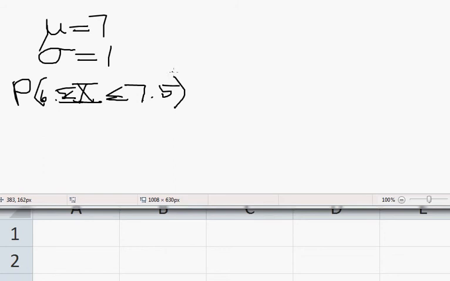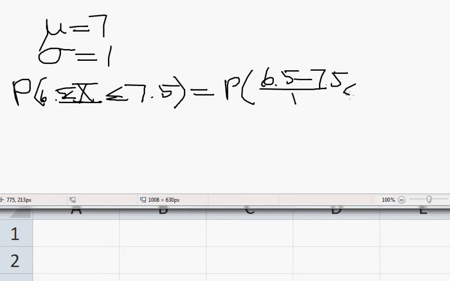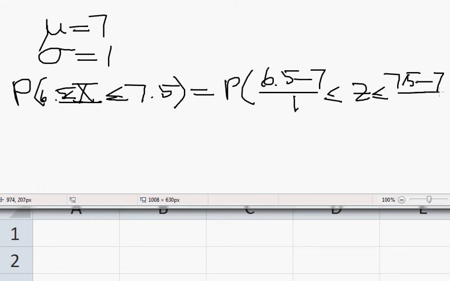To do this, we convert both 6.5 and 7.5 into standard units. So 6.5 minus 7 over 1 less than or equal to z, less than or equal to 7.5 minus 7 over 1.